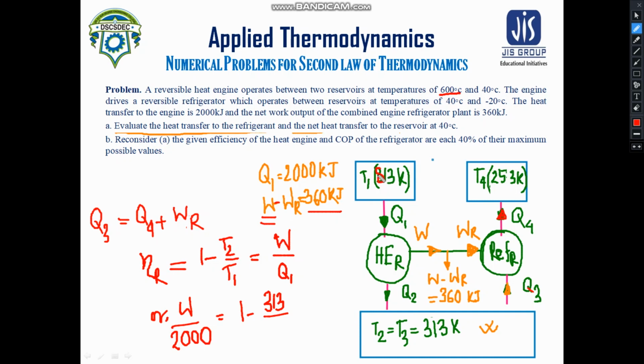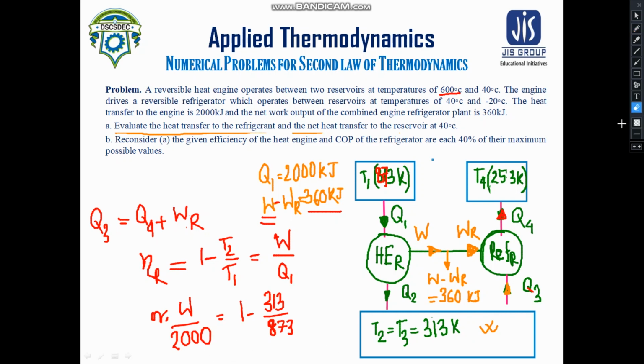It will be 873, because it represents the 600 degrees Celsius. So T2 is 313 Kelvin and T1 is 873 Kelvin.